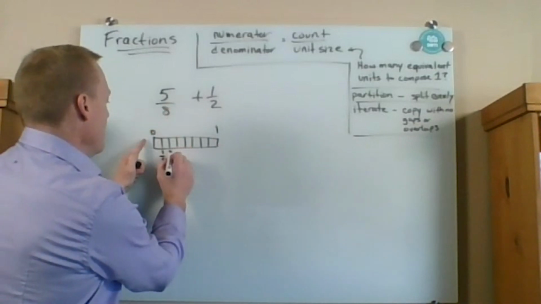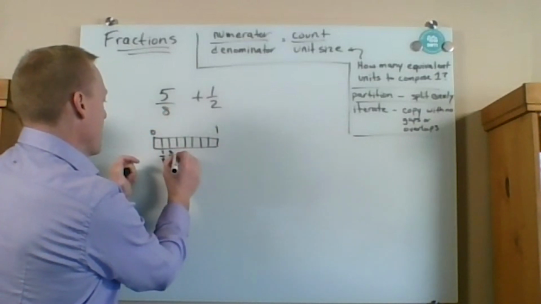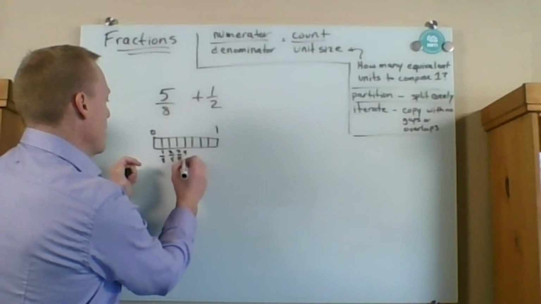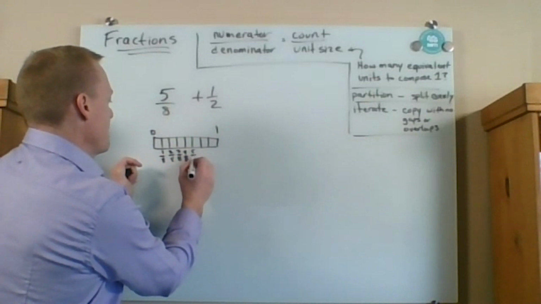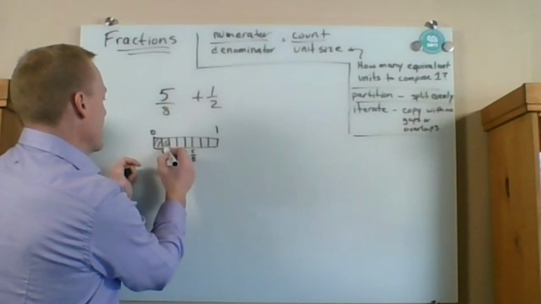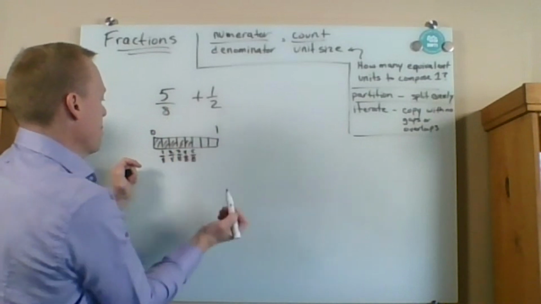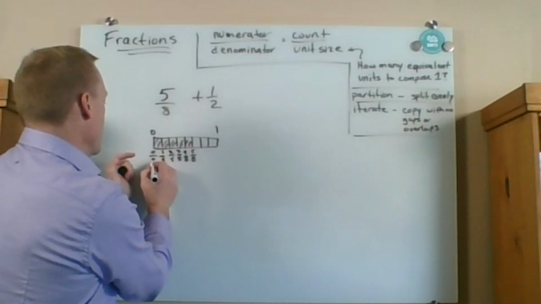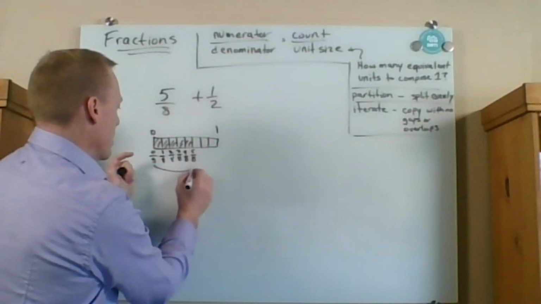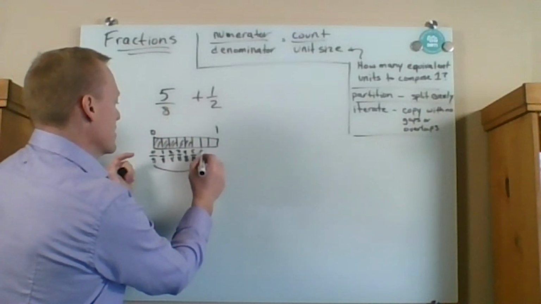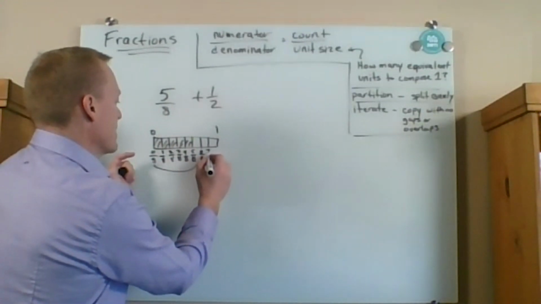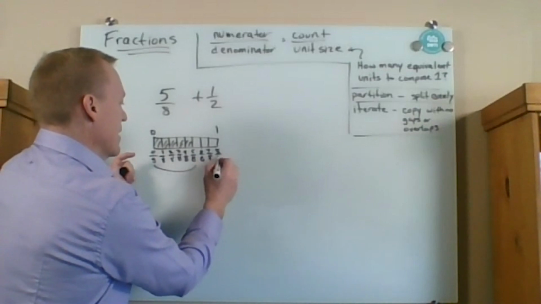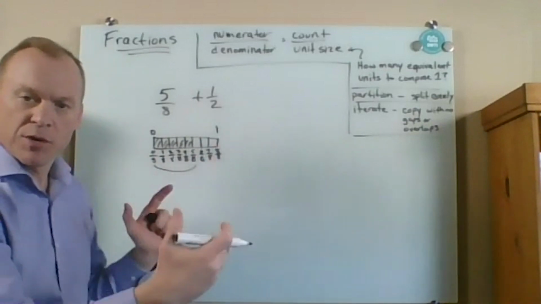I have 5 of them: 1/8, 2/8, 3/8, 4/8, 5/8. I'm going to shade that. Now I'm going to finish off the rest: there's our 5/8, 6/8, 7/8, 8/8. So when we have 8/8, we have a unit of 1.